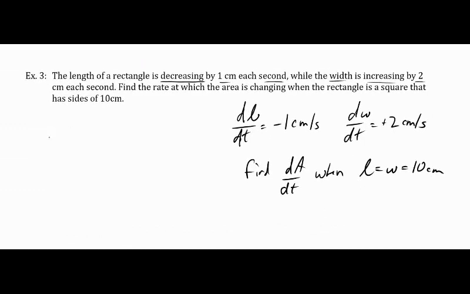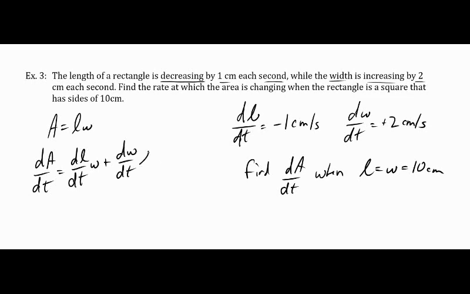Area of a rectangle, that's an easy one. It's a pretty easy product rule: dA by dt equals the derivative of the first thing, dl by dt, times the second thing, w, plus the derivative of the second thing, dw by dt, times the first thing, l. So there you go.